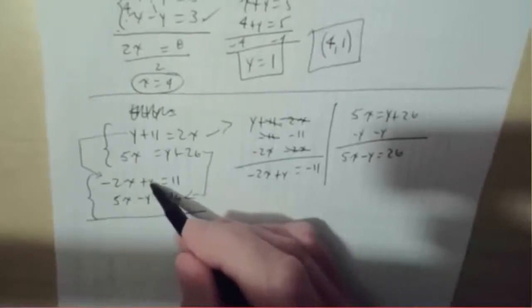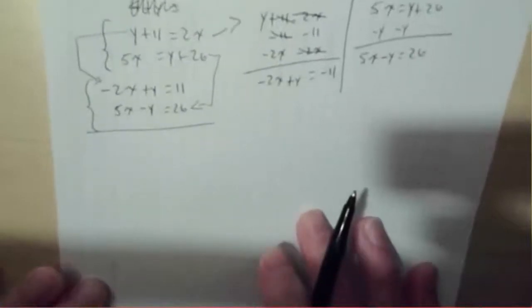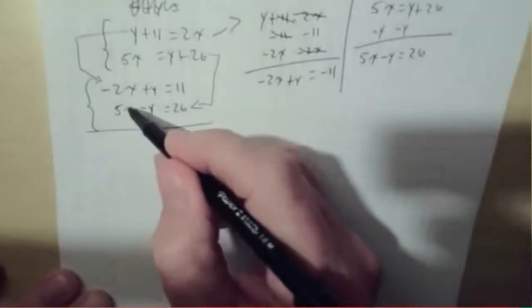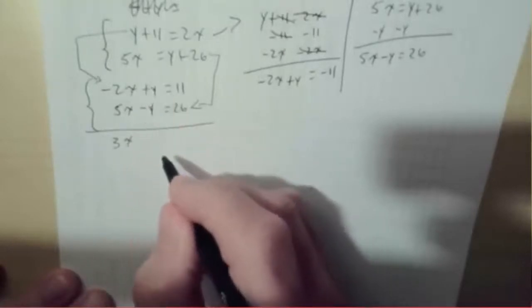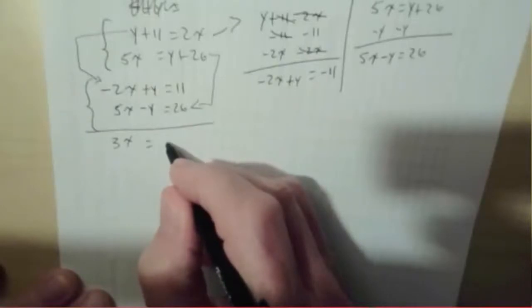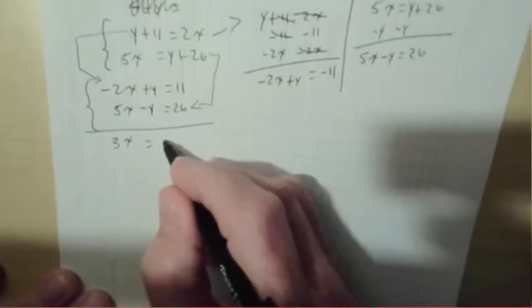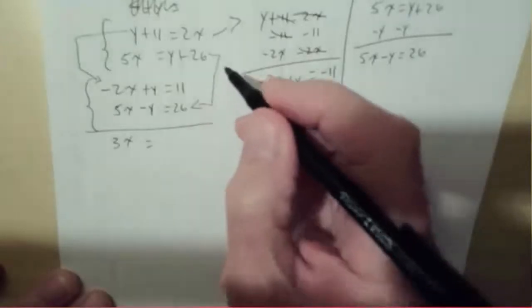So now look, y minus y is 0. It's going to be eliminated, and that's what we want. So we have 5x minus 2x is 3x. That's gone. Equals, what is that, 37? Oh, I'm stupid.